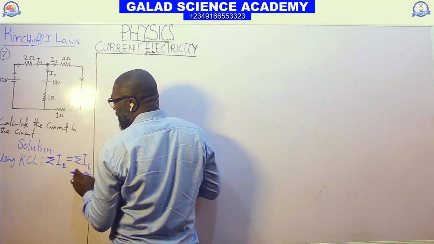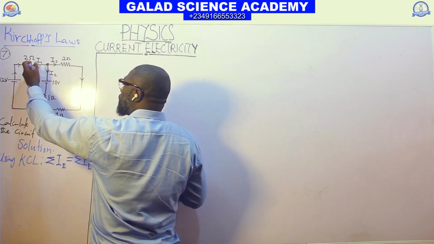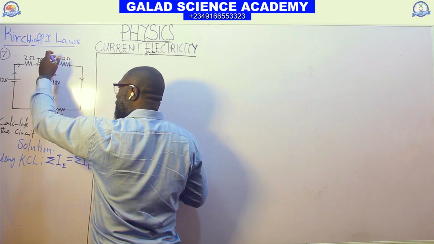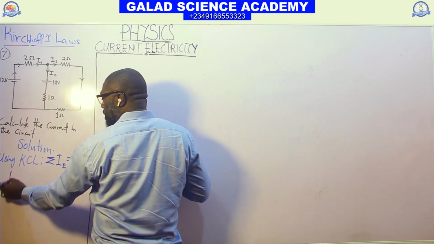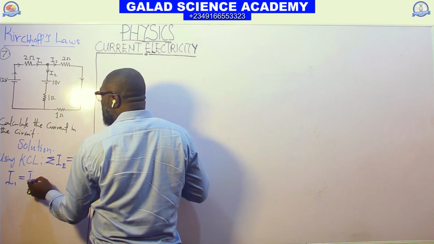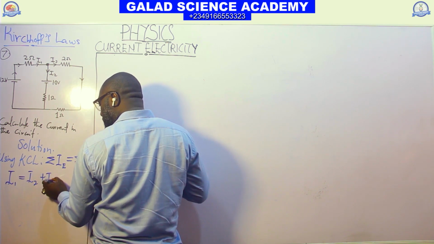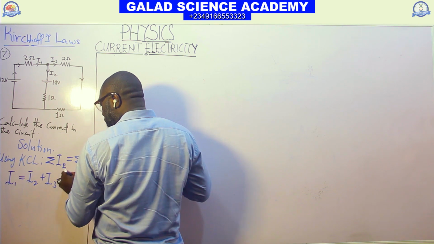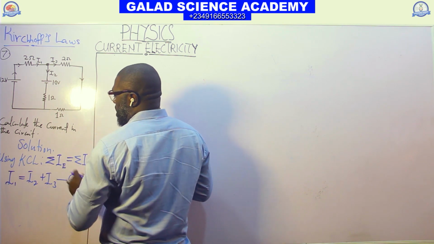So I1 goes to the junction, I2 and I3 leave the junction. We have I1 equal to I2 plus I3, equation 1.